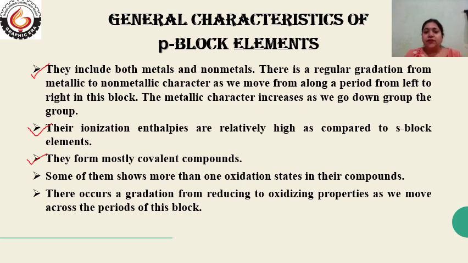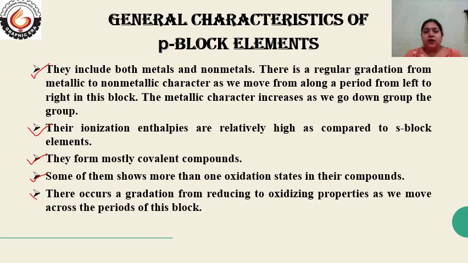Next, some of them show more than one oxidation state in their compounds. Some compounds show variable oxidation numbers, but not all. Like in the d block, most of them show variable oxidation numbers, but here only a few elements show variability in the oxidation state.